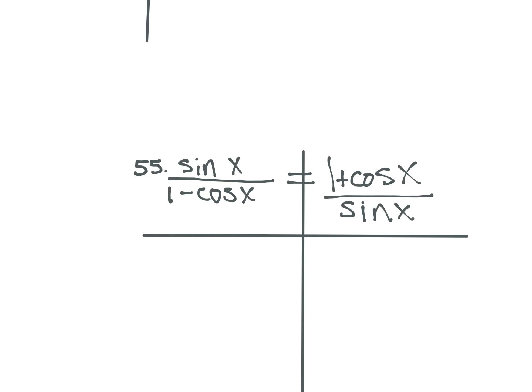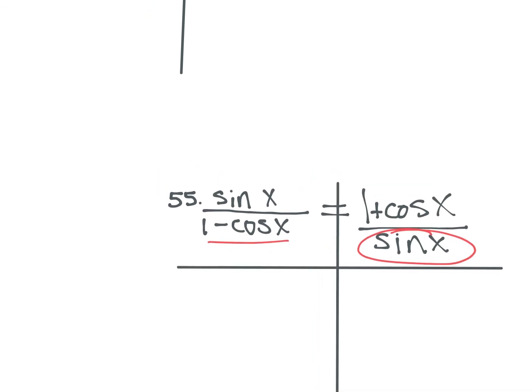So I'm going to start on the left-hand side, and I'm going to get rid of this denominator. I'm okay with this one because it's just one term. So eventually, probably something will cancel out. But when I have a 1 minus or a 1 plus a trig function that's not squared, I need to multiply by the conjugate. So the conjugate of 1 minus is going to be 1 plus. Agreed? What you do to the bottom, you do where?